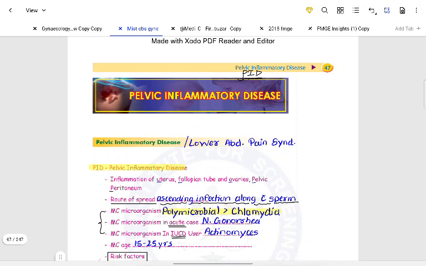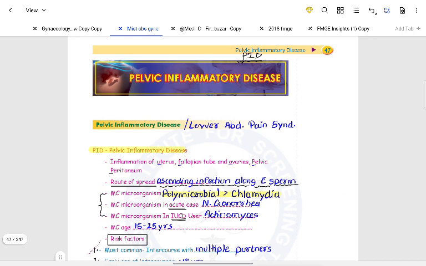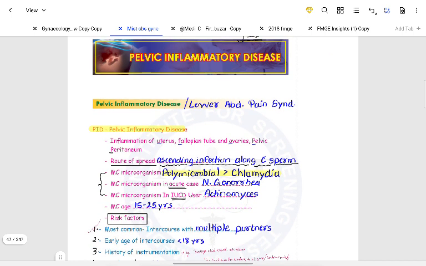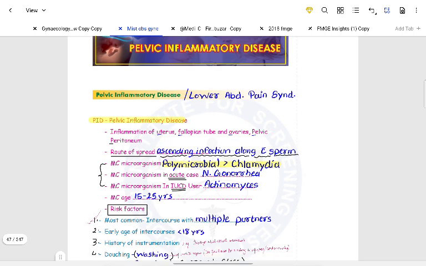Okay, moving on. The most common age is 15 to 25 years, in which the woman is usually sexually active. As it usually enters with sperm, the most common risk factor is intercourse with multiple partners, and early age of intercourse, like before 18 years of age, is also a risk factor. History of instrumentation, for example curettage, as it can cause endometritis, can also lead to pelvic inflammatory disease.